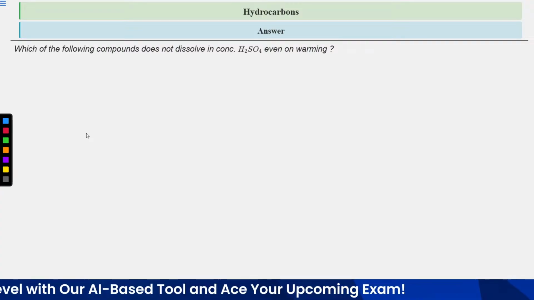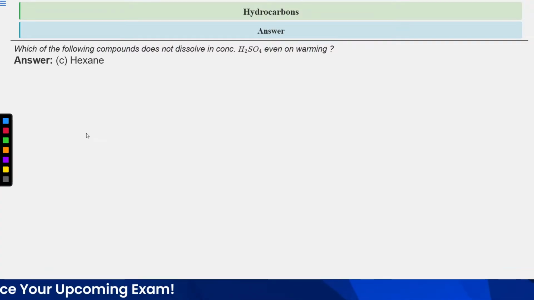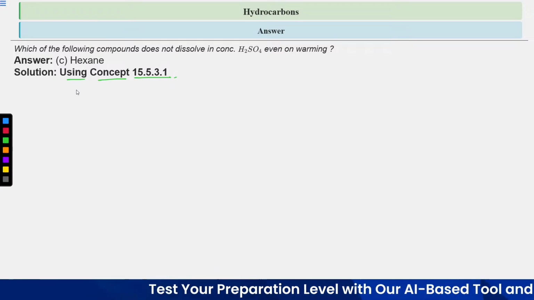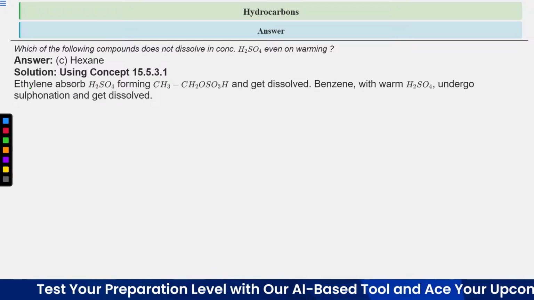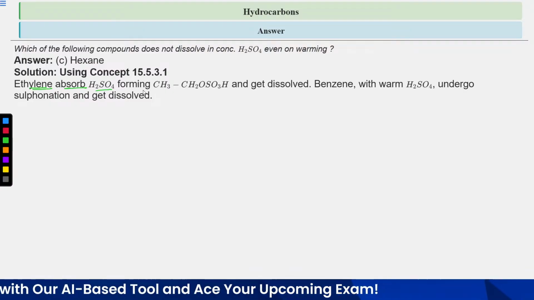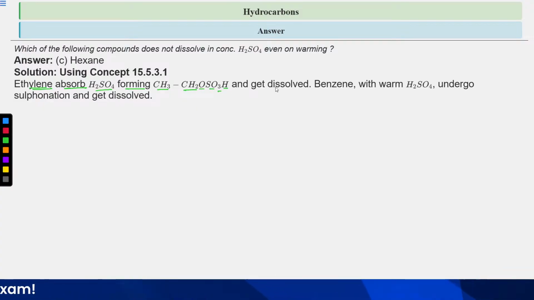So, for the given question, the correct answer is option C, that is hexane. Using the concept 15.5.3.1, ethylene absorbs sulfuric acid forming CH3CH2OSO3H and gets dissolved.